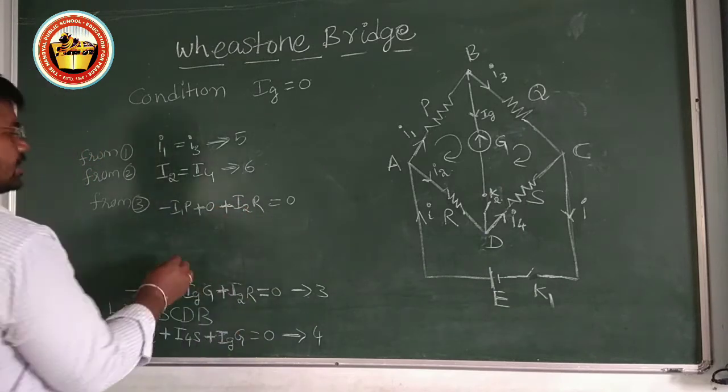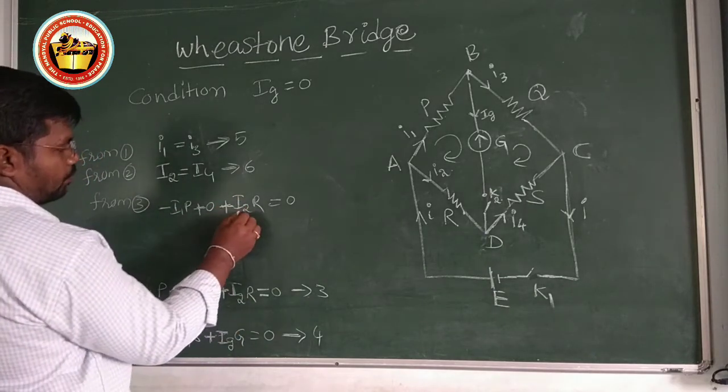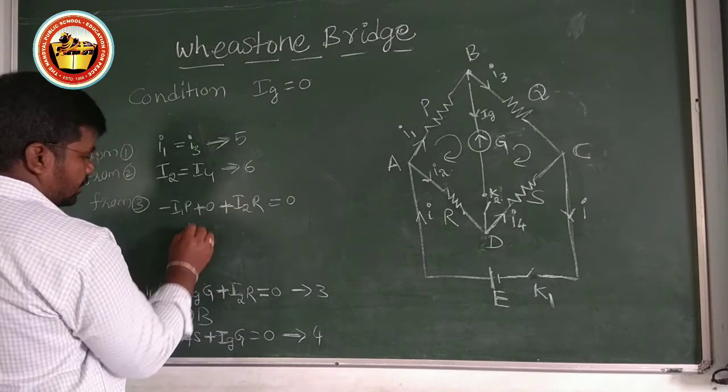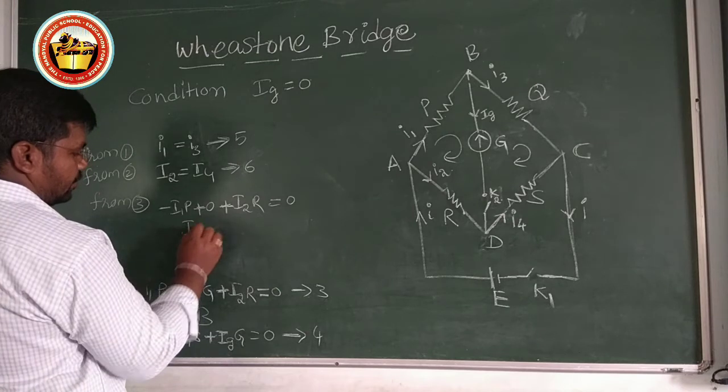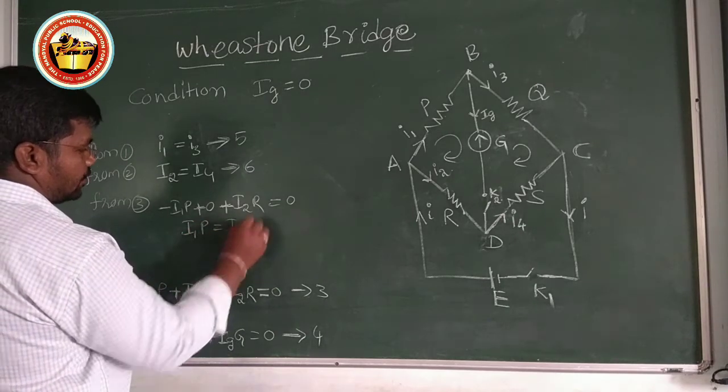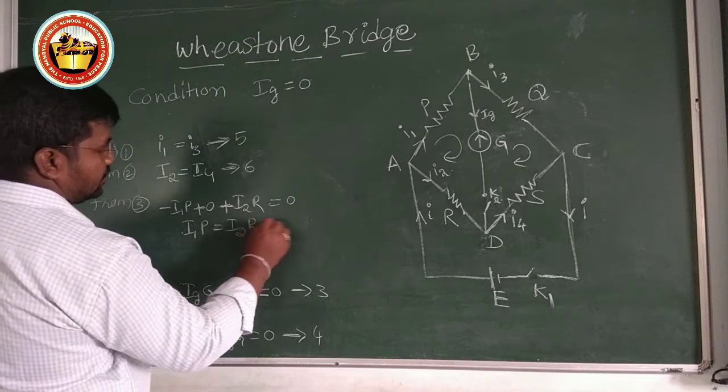So rearrange this: I1 P is equal to I2 R, equation 7.